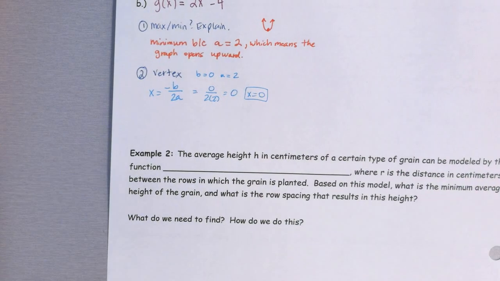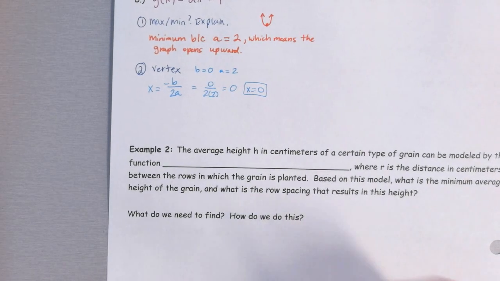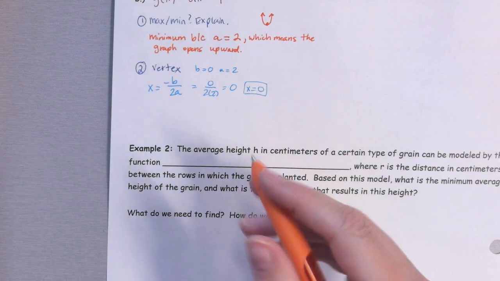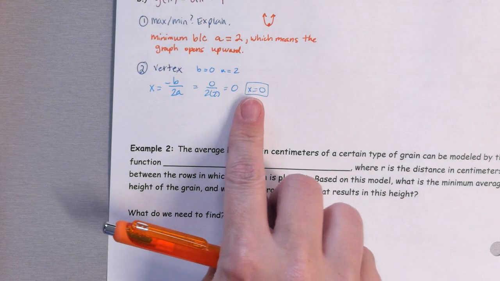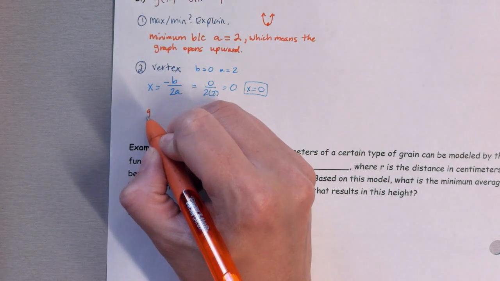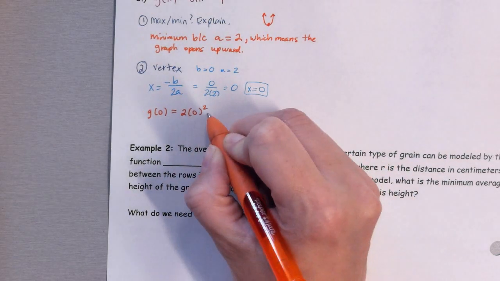So x is 0, but remember, we are going to find the minimum value, which is the y-coordinate. So now we're going to take our 0 and plug that back into the original function. Now, sometimes when we were doing this, we plugged it back in and we get 0 again. Does that happen here? Did we get 0? Nope. What do we get? -4.